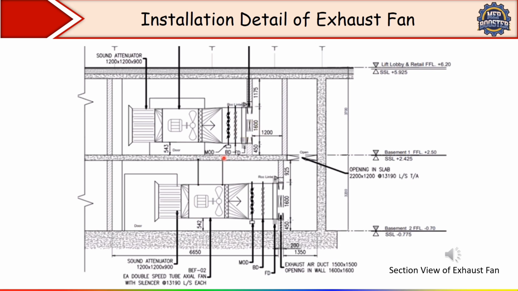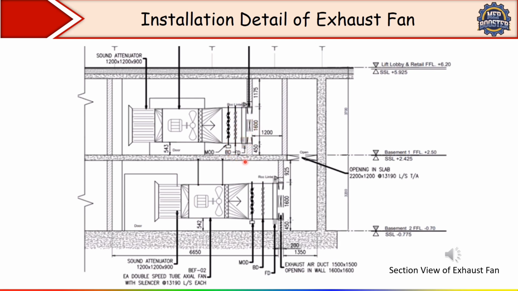The function of this backdraft damper is that it allows air to efficiently flow through the exhaust duct to the outside, and it prevents the unwanted flow of air into the basement when the exhaust fans are off. That is why we have installed the backdraft damper here.